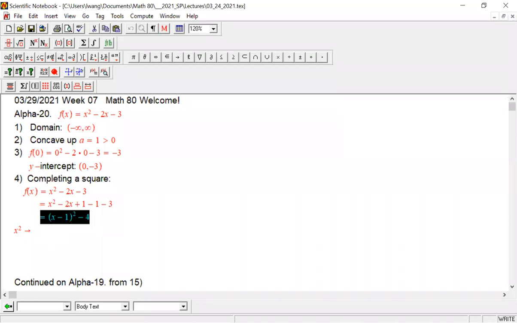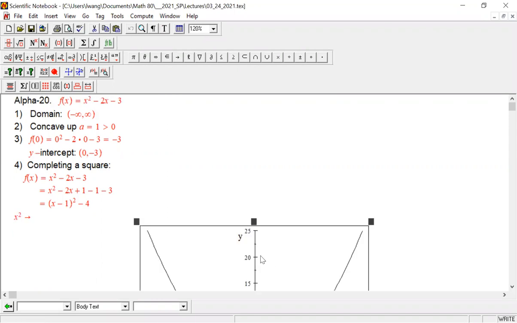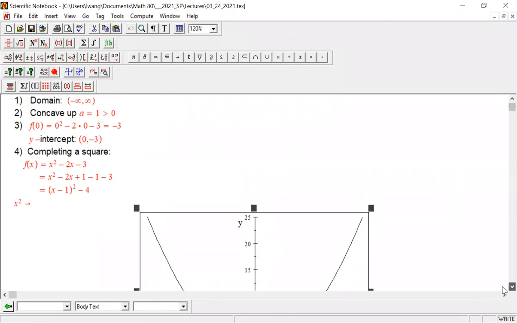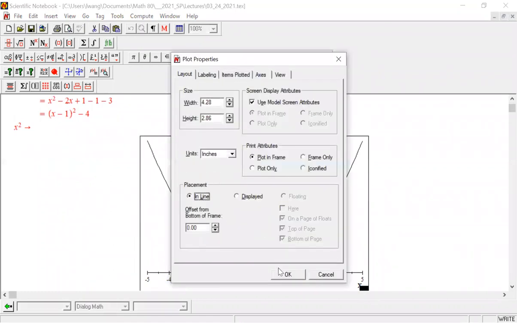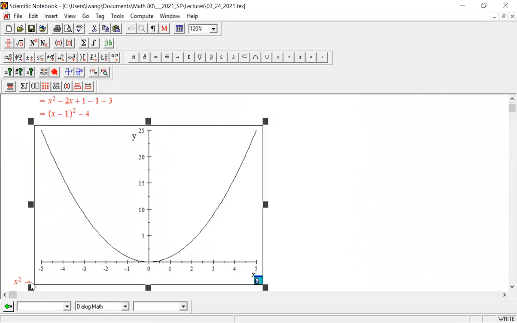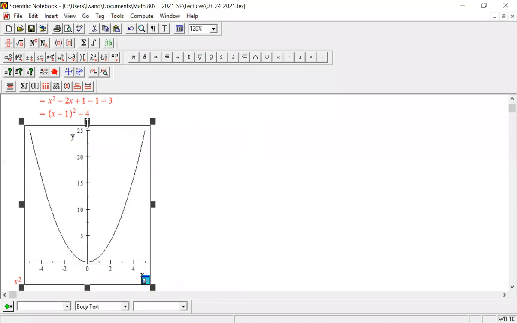Even though I have given you the picture, we still want to go through that process of transformation. So for x squared, that's our x squared. I'm going to make it just a little bit smaller.